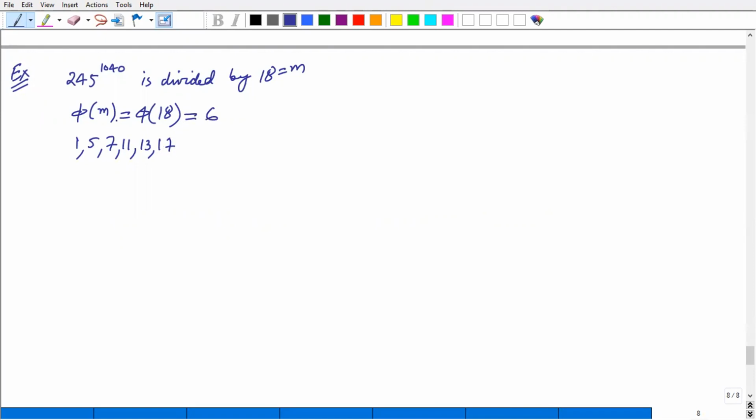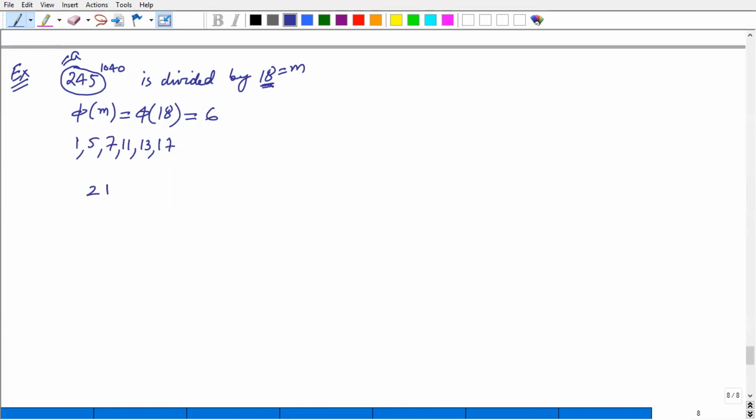Okay, so a is 245, and this a is slightly bigger. So we can reduce it modulo 18, because m is 18 here and 245 is a big number. We can find another number in the same class as 245 modulo 18.